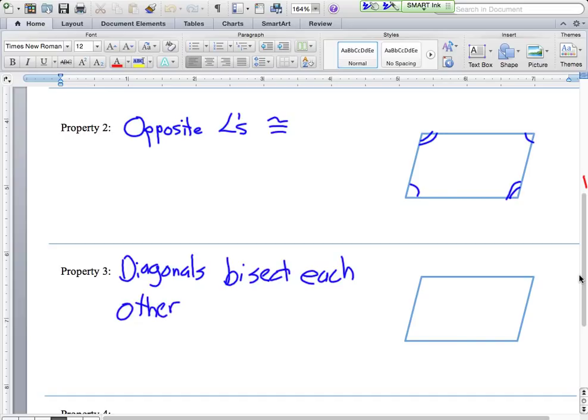Bisect means to cut into half, cut exactly in half. A diagonal is the line that goes from one opposite corner to the other. Okay, so these two lines are diagonals, and they're going to bisect each other. So that means this piece is going to be the same as this one, and this piece is going to be the same as this one. All right, so that's the first three properties of parallelograms.